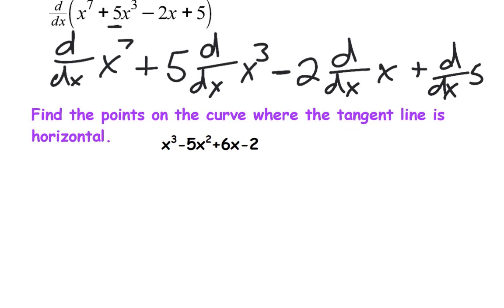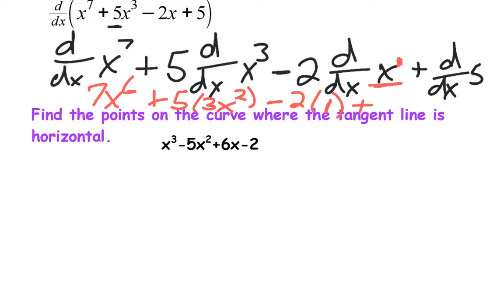So finding the derivative of each one of these, this is going to be 7x to the 6th plus 5 times 3x squared minus 2 times, what's the derivative of x going to be? It's just a 1. And remember what we said about the constant: if we take the derivative of a constant, it's 0. So this is going to give us 7x to the 6th plus 15x squared minus 2. That's the derivative.